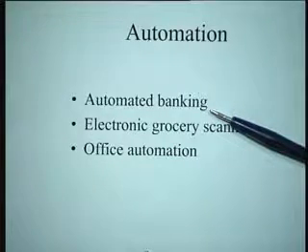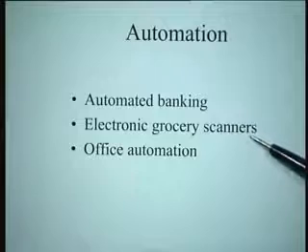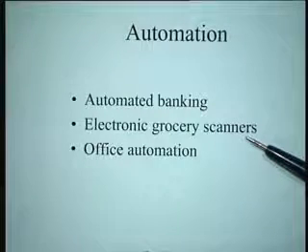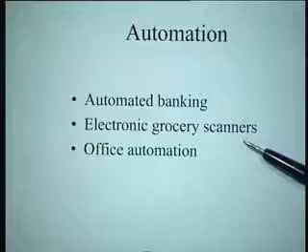You use your card in an ATM machine and automatically the money would come out, right? So that kind of a situation is actually an example of automated banking, where you have used technology and automation for solving these problems. An electronic grocery scanner, if you go to any shopping mall, for instance, all items have their cost and other information on barcodes written on each item.